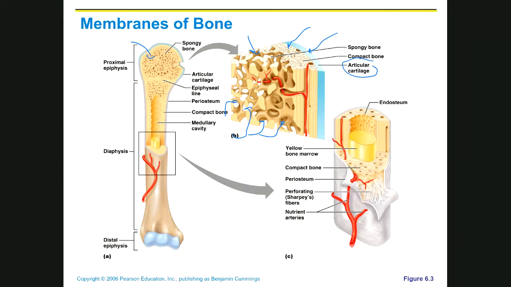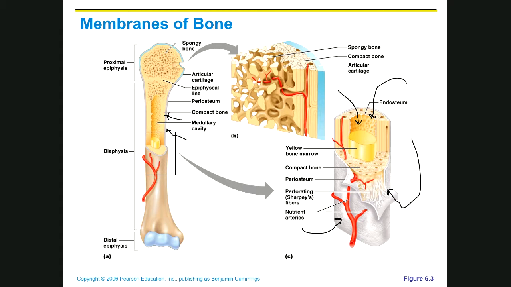We also, though, remember, have membranes around the bone. And so if you look at around the bone here, that's a membrane. Here, that's a membrane. And if you blow it up and look at it, it looks like this. That's what the membrane looks like. But there's also a membrane on the inside, right here, this thin layer right here.